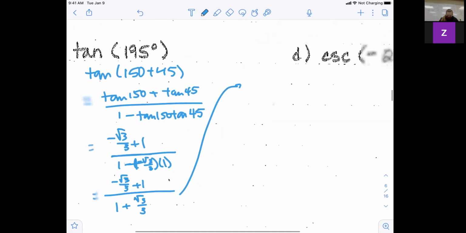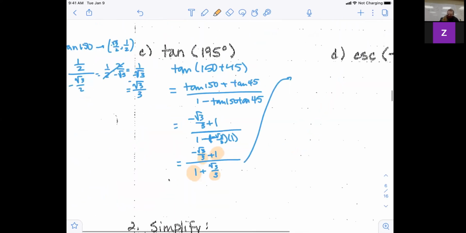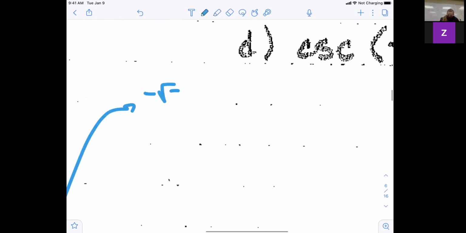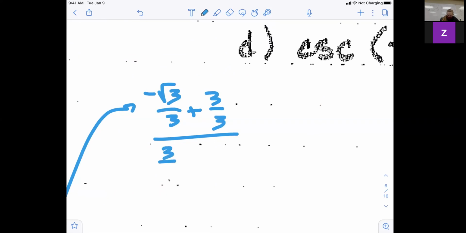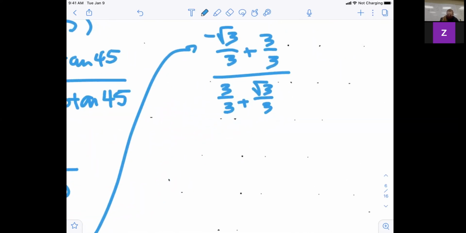So I'm going to make the ones have a common denominator. If you just want to watch and listen, you're welcome to, or you can keep writing with me. I want the ones to have common denominators as the root 3 over 3. So I'm going to make all my ones be 3 over 3. So that gives me negative root 3 over 3 plus 3 over 3, and then 3 over 3 plus root 3 over 3. I can now combine them into fractions.